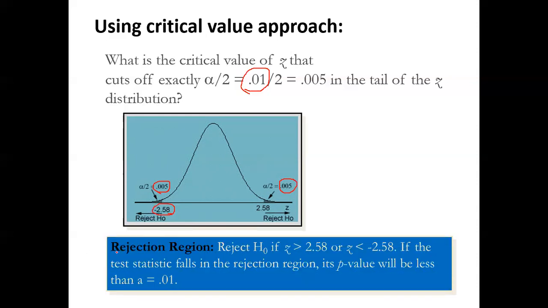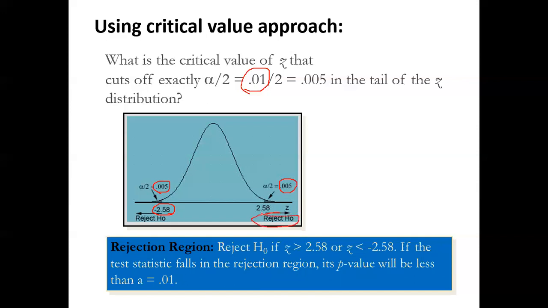So now we are going to see whether we want to reject or not reject the null hypothesis. We are going to reject H0 if the Z value is greater than 2.58, because this is the rejection region.